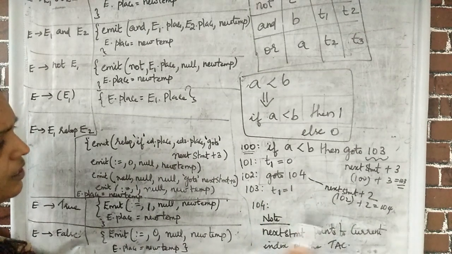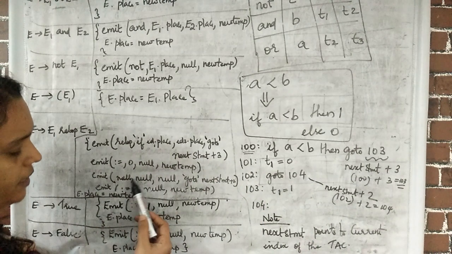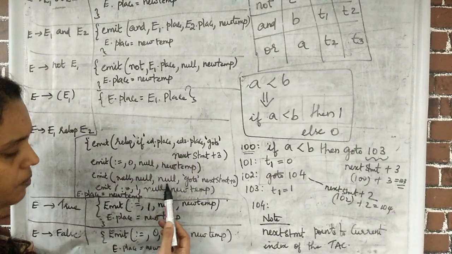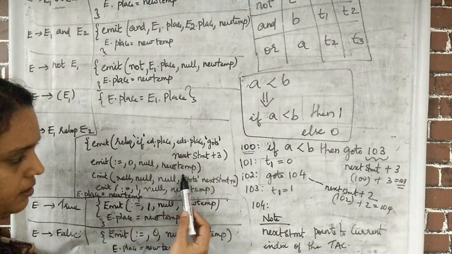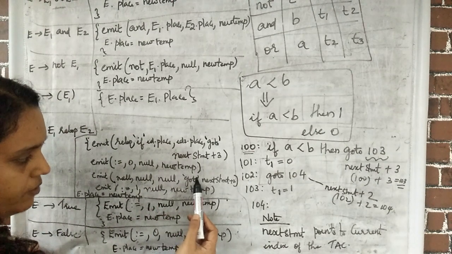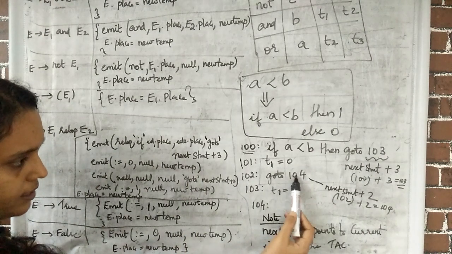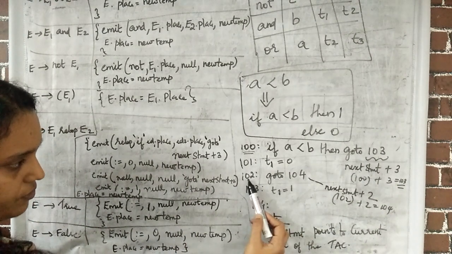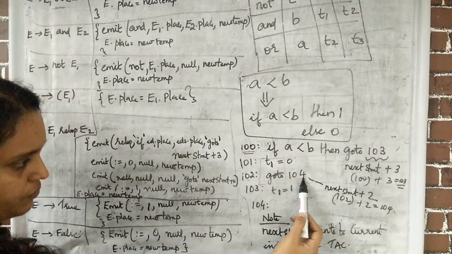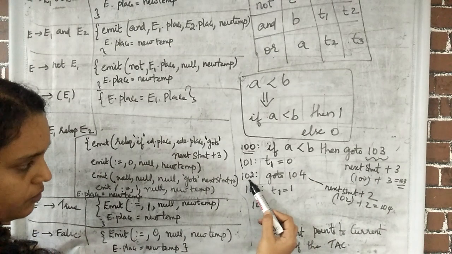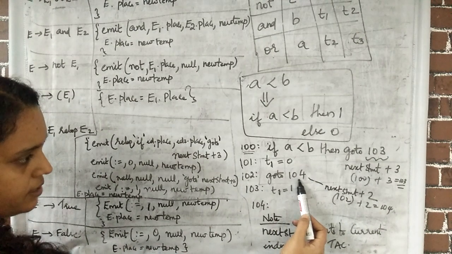So you don't have any operator, no first operand, no second operand. The only thing is the result, which is goto, label goto next statement plus 2. Here it is 102, here it is 104. The next statement points to 102, then you have to goto next statement plus 2.